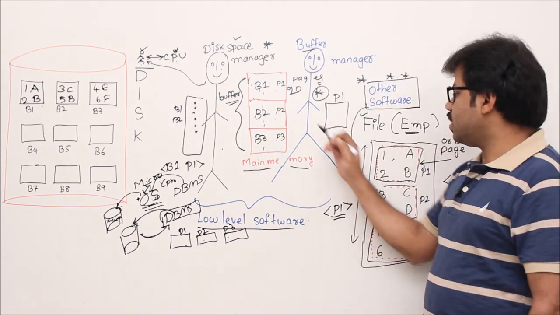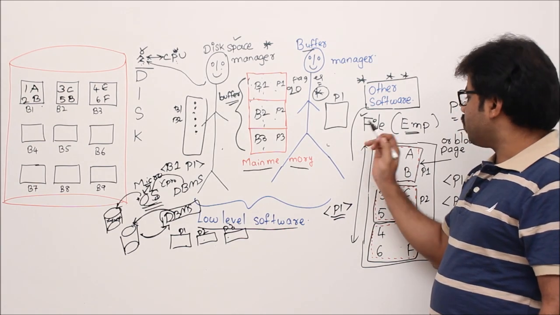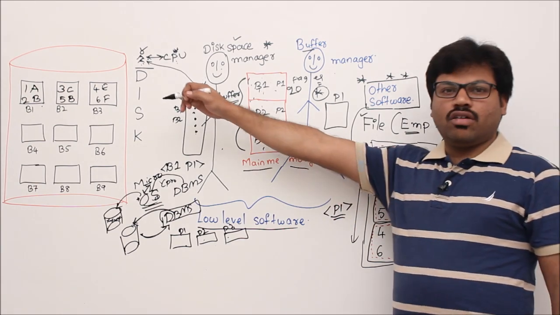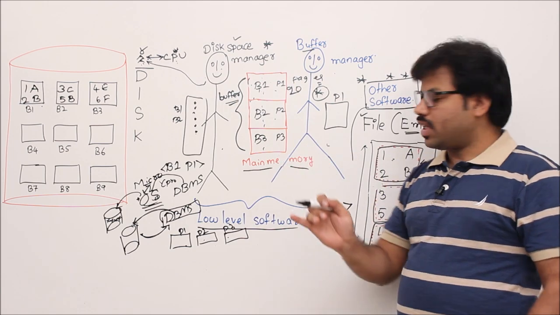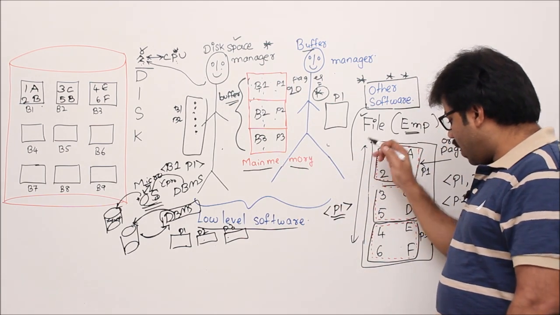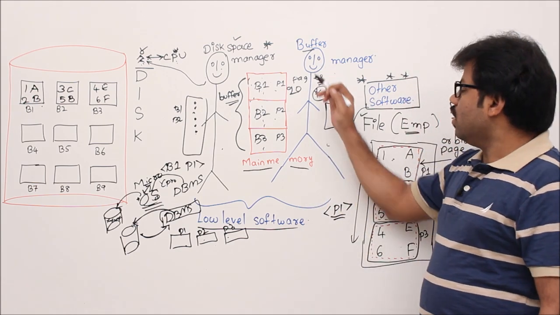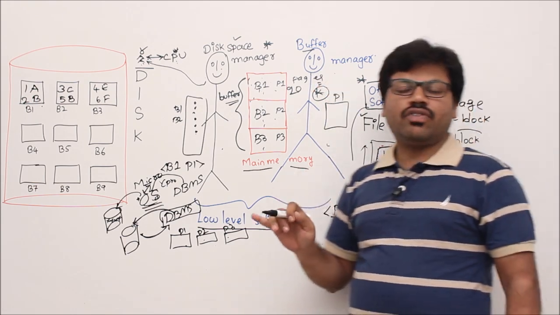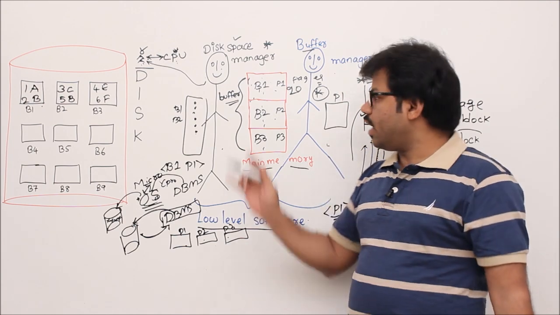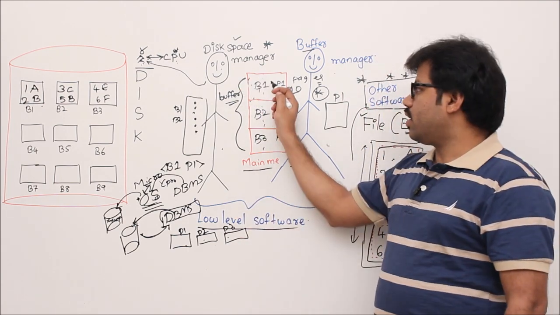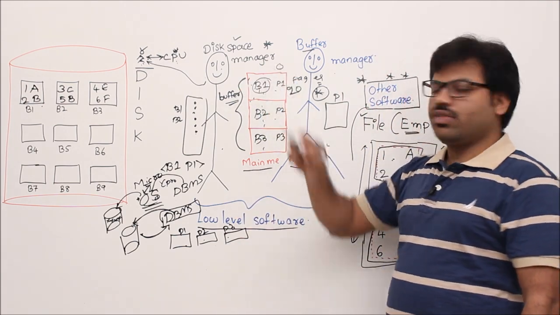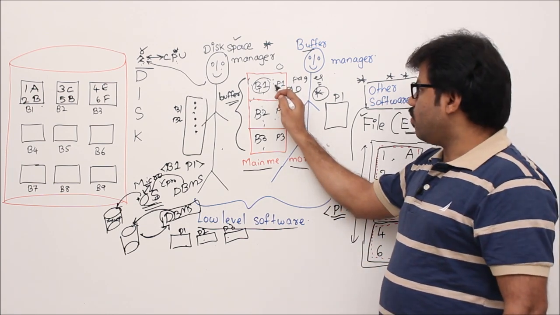My dear buffer manager, I would like to fetch page number 1 from the disk. Why? Because I want to fetch not only page number 1, I want to fetch all the pages one by one. Whenever you consult the buffer manager, it will say, don't worry, I already prefetched it, take it. So it takes 0 time for you, correct? Then you can process it whatever you want.